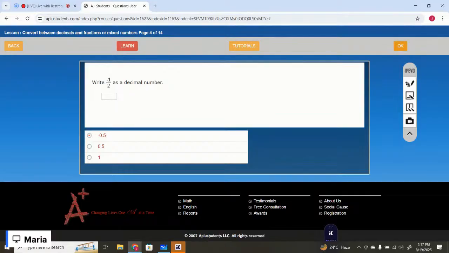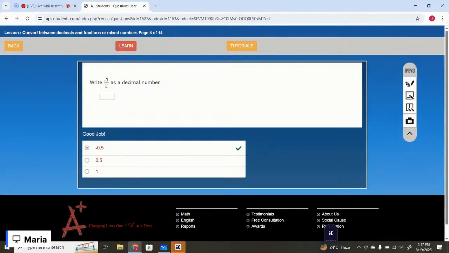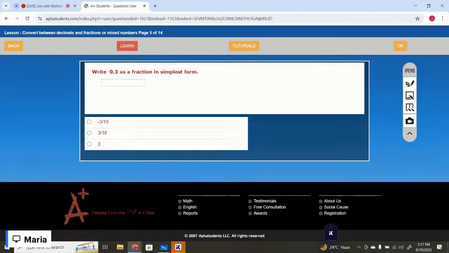That is negative 0.5. Option number 1 is the correct option. Write negative 0.3 as a fraction in simplest form.